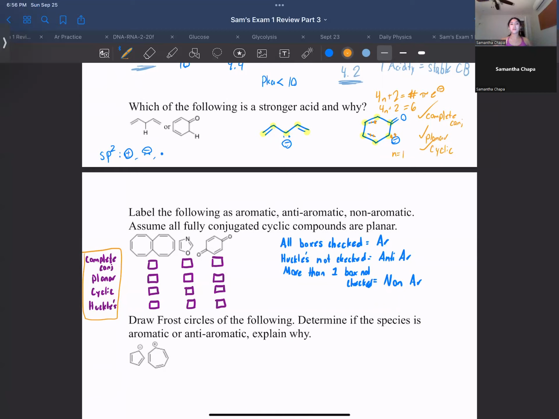So whenever you get a whole number for Huckel's law, that means it obeys Huckel's law. Any whole number can work, like 0, 1, 2, 3 onwards. No decimal points, no fractions, right? So this obeys Huckel's, meaning that this conjugate base is going to be aromatic, meaning it's really, really stable.